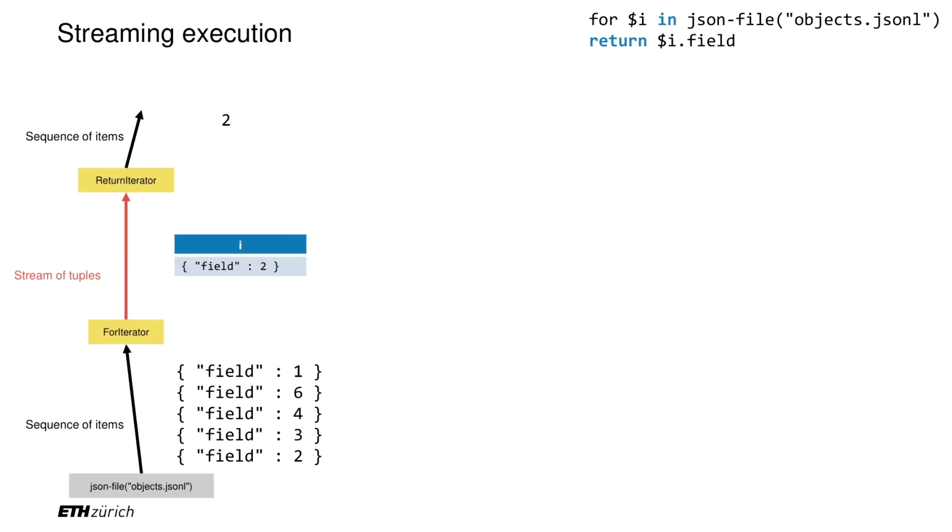Oh, hasNext is false, then I stop. That is called an iterator API. And so this is what these iterators here are actually doing. They have a function called hasNext and a function called next in such a way that they give the items one by one. At every call, you get the next one until hasNext returns false. So that gives you a streaming execution.